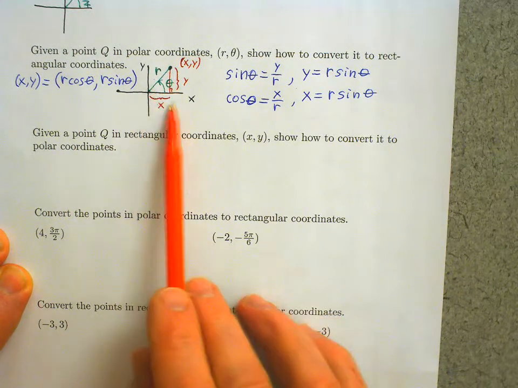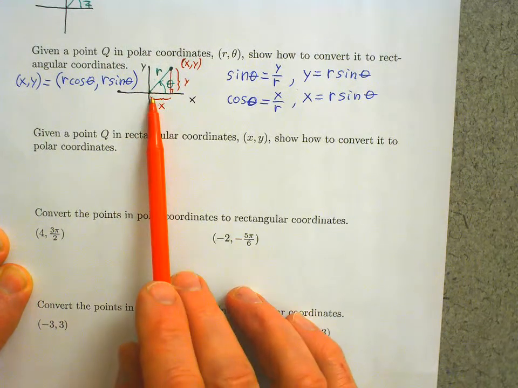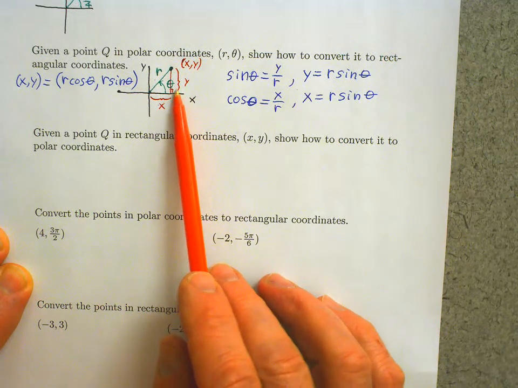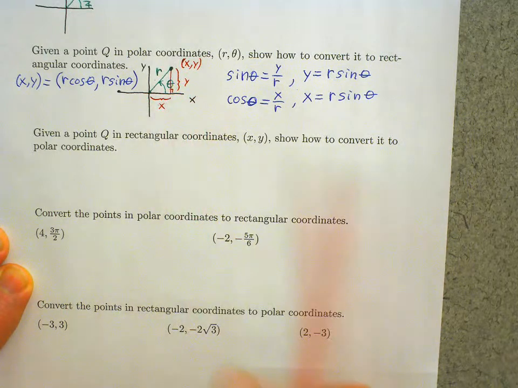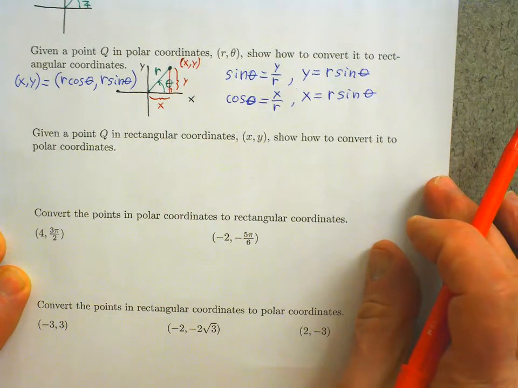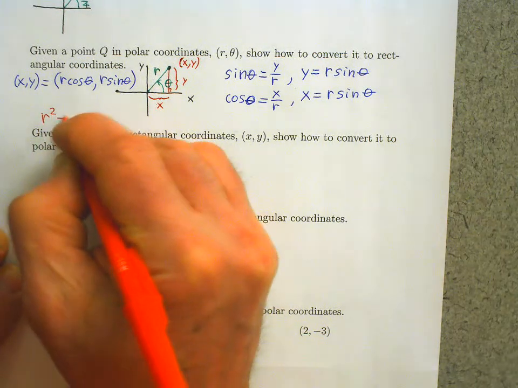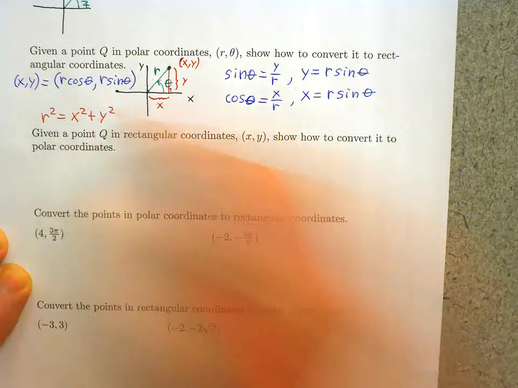In this right triangle, the hypotenuse is length r, the length of the horizontal side is x, and the length of the vertical side is y. So using the Pythagorean theorem, the length of the hypotenuse squared is equal to x squared plus y squared.